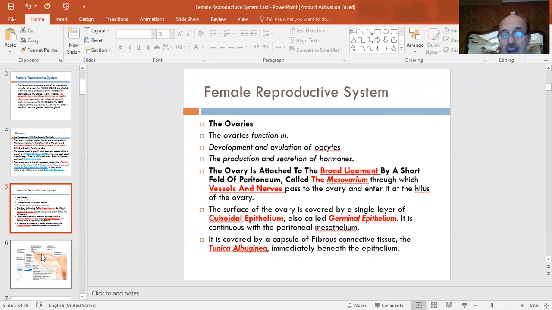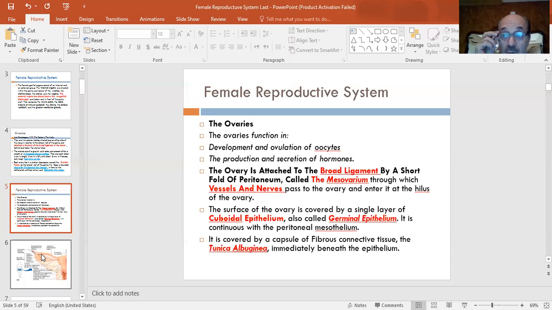All right, the ovaries have certain attachments. They are attached to the broad ligament by a short fold of peritoneum, we call it the mesoovarium. And as usual, through these peritoneal folds is the path for the entrance of the blood vessels as well as nerves. The surface of the ovary is covered by what you call germinal epithelium, that is cuboidal epithelium.